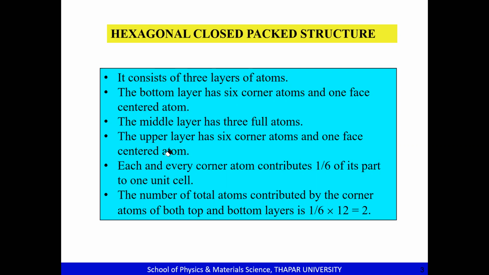The middle layer has 3 full atoms. Why? Because it is not being shared with anybody else. So the contribution of the middle layer will be 100%. The upper layer has 6 corner atoms and 1 face centered atom. It is precisely same as the basal plane. Each and every corner atom contributes only 1/6 of its part to the unit cell.